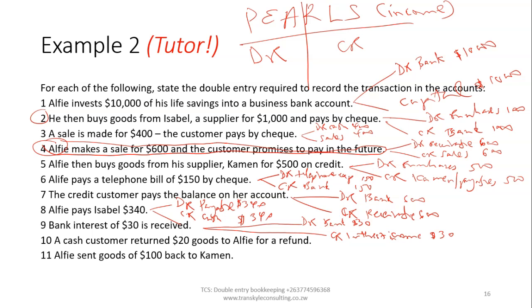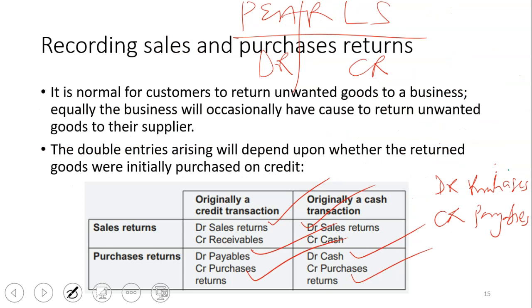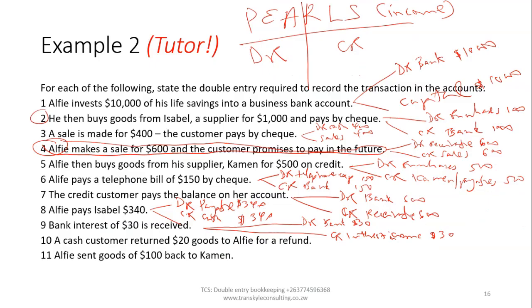And we say that when there is a return on goods which have been originally sold in a cash transaction, the double entry is going to be debit sales returns and credit cash or credit bank. Okay, so we just do the same here. The double entry is going to be debit sales returns, $20, credit cash, because we are paying a refund.